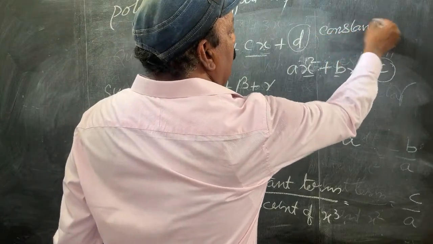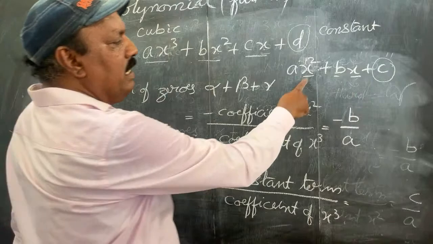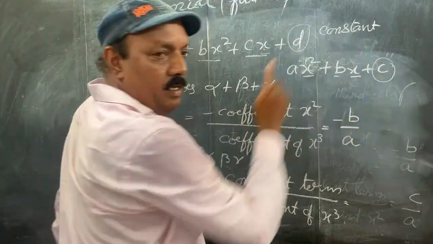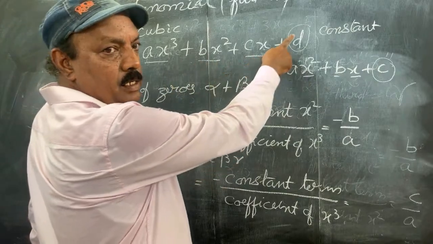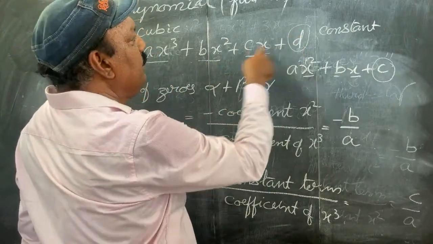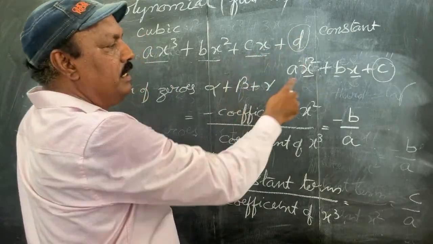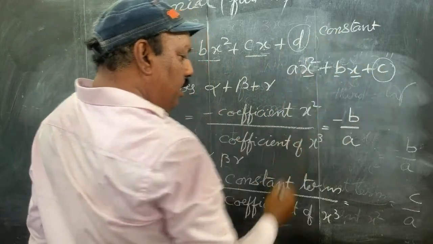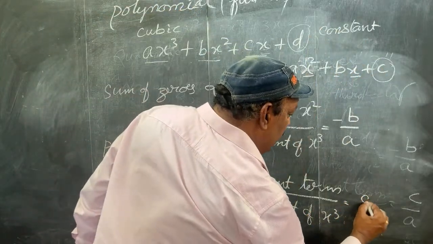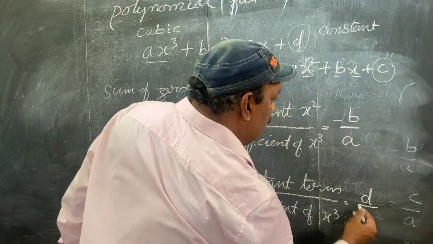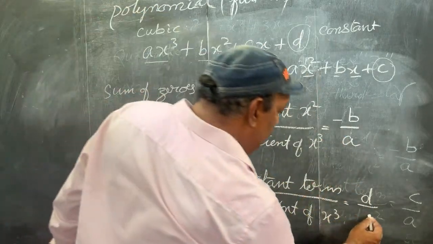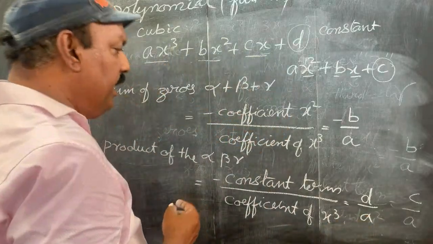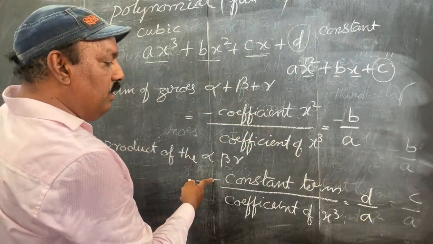D is the constant term. What is the constant term in the quadratic polynomial? C. What is the constant term in the cubic polynomial? D. So the constant term in the cubic polynomial is d, and in the quadratic polynomial it is c. So now it is d by a, but with a minus, as I told.